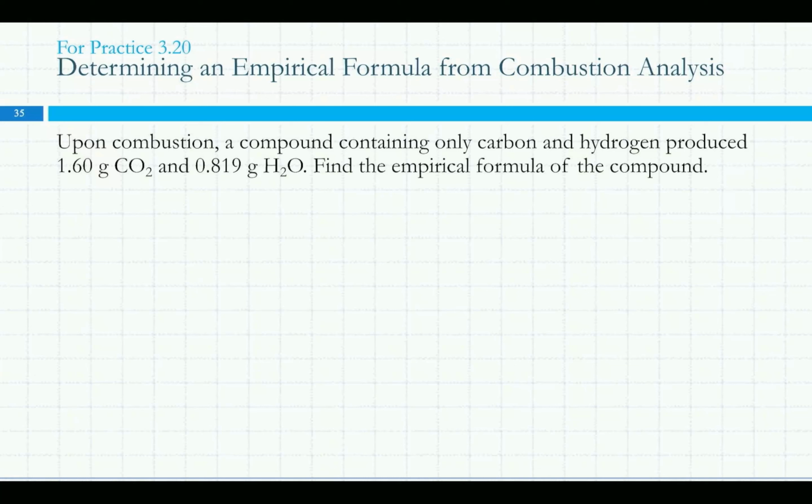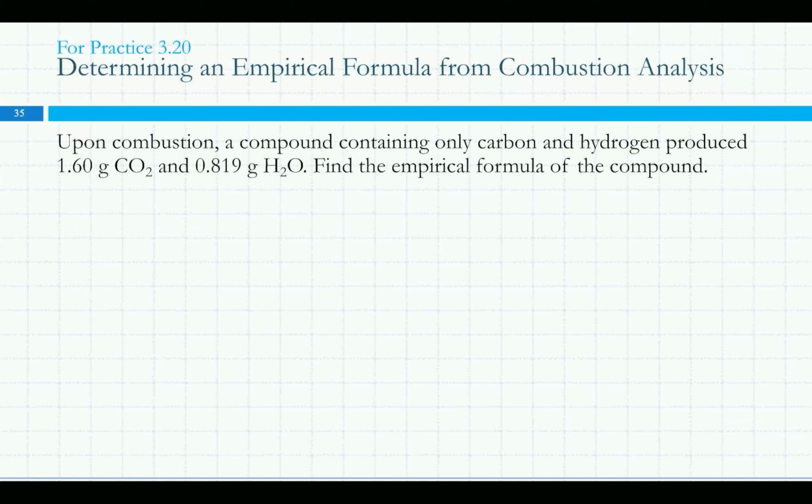What's one way we can figure out the mass of carbon in this 1.6 grams of CO2? Yeah, percent mass composition. We could also do it by moles. The moles might actually be more efficient.